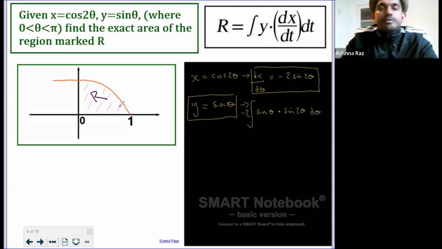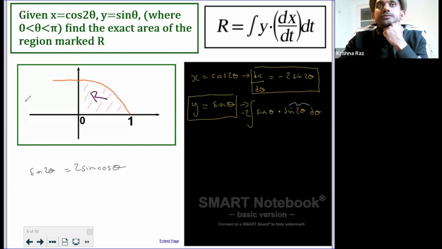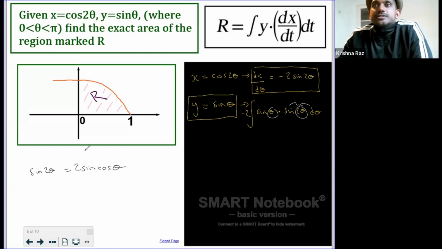I think you saw me pause a second ago because I was thinking, how do I do this? If you look at your rules, you know that sine 2 theta equals 2 sine theta cos theta. The issue is we have a theta and a 2 theta, so we need to make them the same.